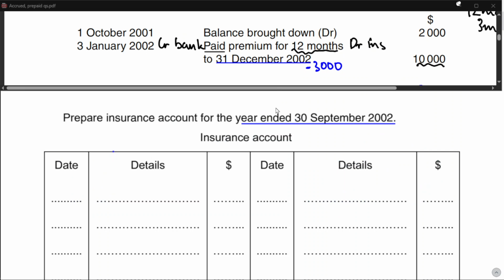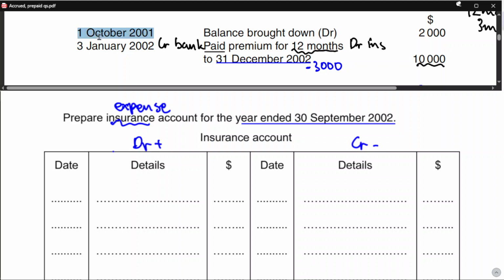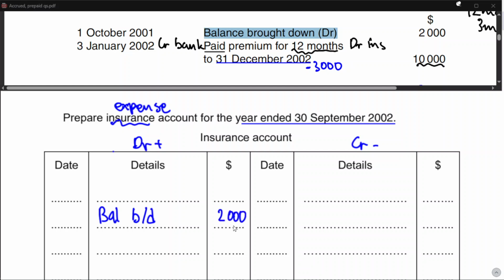Now let's record it. So this one, insurance is an expense. So debit plus, credit minus. The first line is just balance BD, debit balance BD by 2,000.